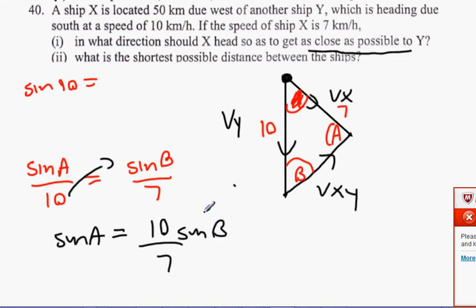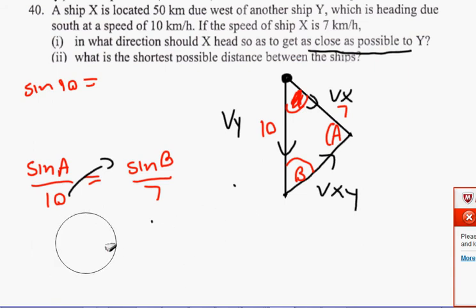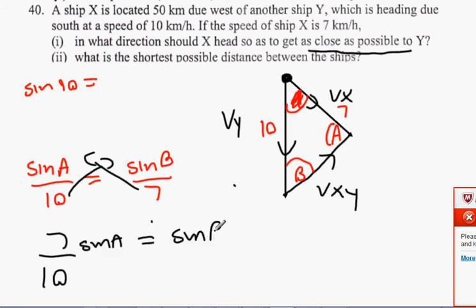What happens then? You get 10 over 7, and you can't sine inverse 10 over 7, so that's impossible. So what you're going to do instead is bring the 7 up here, and you're going to say 7 over 10 sine A equals sine B.